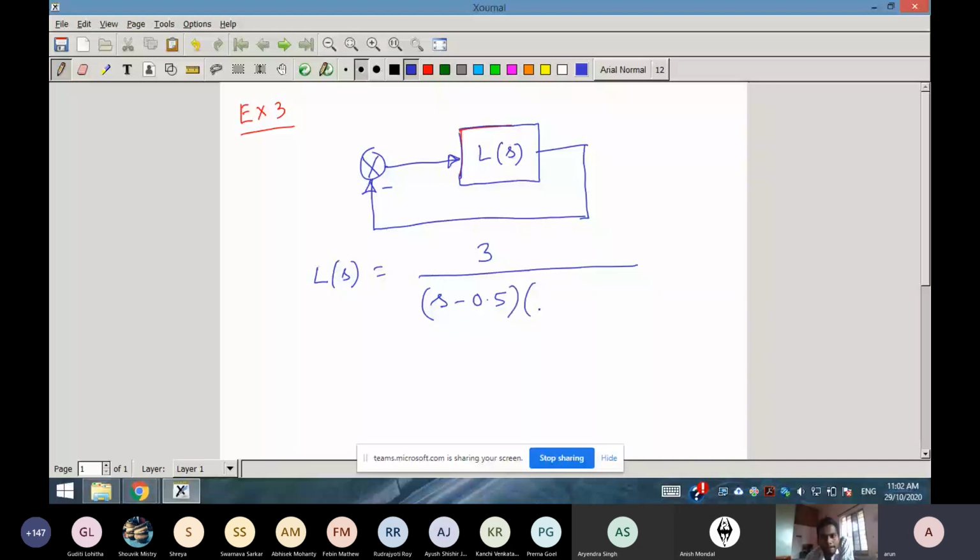So here, suppose the nominal gain is K, so K equal to 1, that is the nominal gain 1.